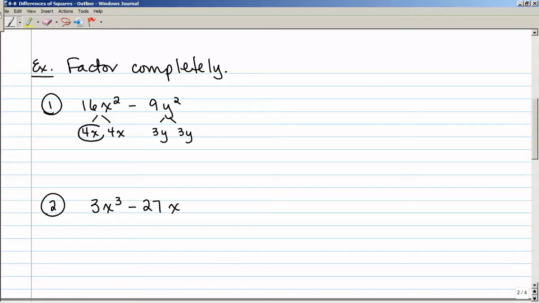So 4x is going to be basically my a, 3y is going to be basically my b. So for my final answer, I'll have a 4x plus 3y times a 4x minus 3y.